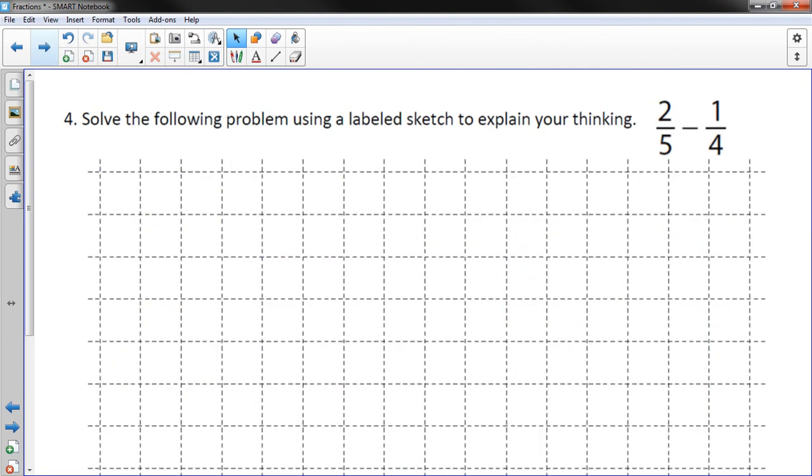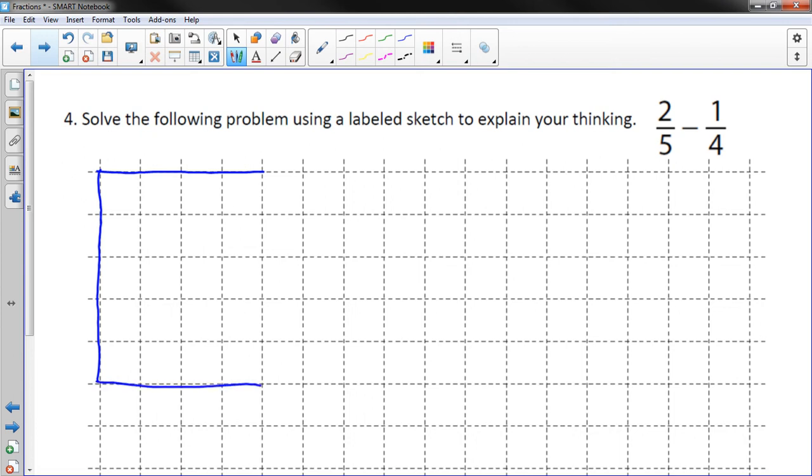Alright, fourth problem. 2/5 minus 1/4. Okay, we got fifths and fourths again. So we're looking at a 4 by 5 rectangle. Correct? This is going to represent 2/5.